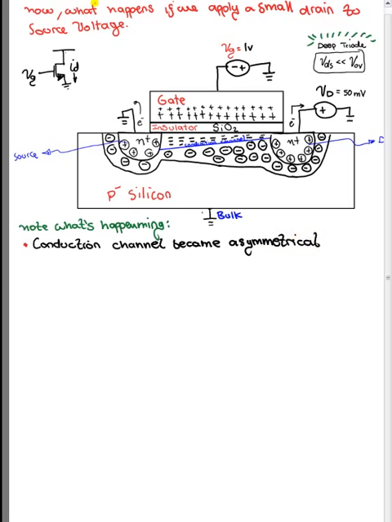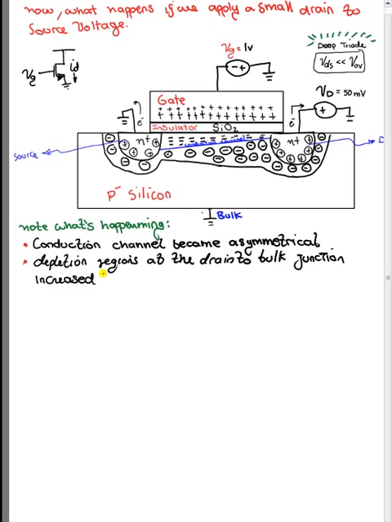The second thing was the depletion regions at the drain to bulk junction, right here, increased in size. Why? Because now you're getting more electrons flowing out, which means you are uncovering more fixed charges.